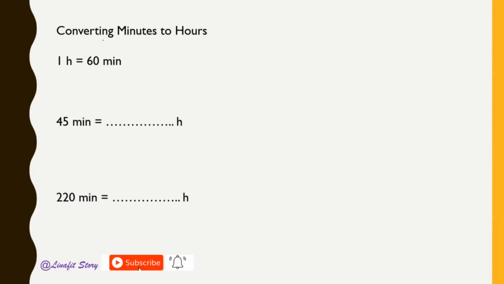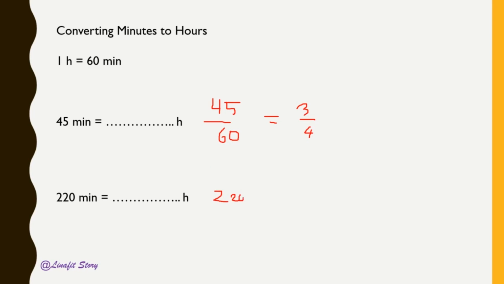Converting minutes to hours. Remember that 1 hour is 60 minutes. How about 45 minutes? So it will be 45 out of 60. Don't forget to simplify. It becomes 3 out of 4. How about 220 minutes? So this means 220 out of 60.